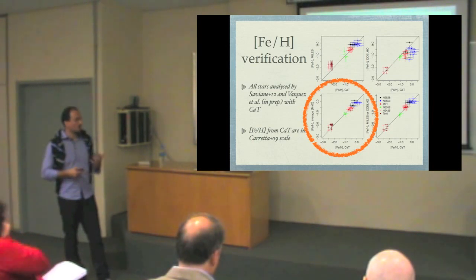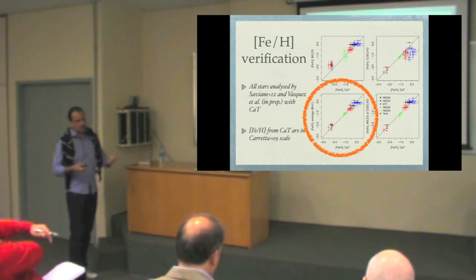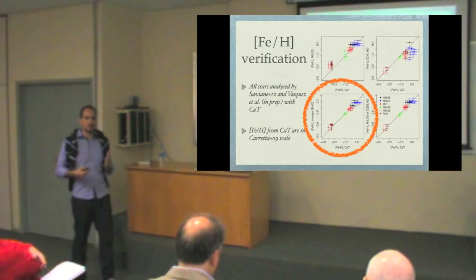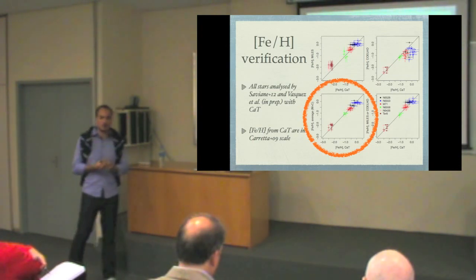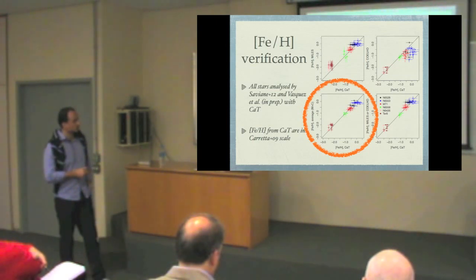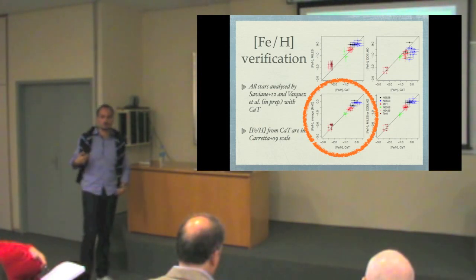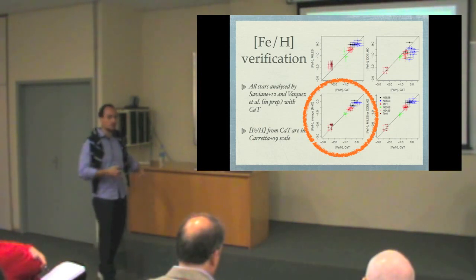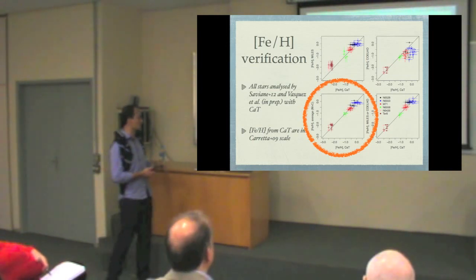So we found it was fair to compare our results with them, because we have a star by star comparison. Here I show the calcium triplet on this axis and my results on this axis. Here are the MILES results, again the Coelho results, and the average of the two, as we took the average for temperature and gravity, also for metallicity, because we derive all parameters at the same time.